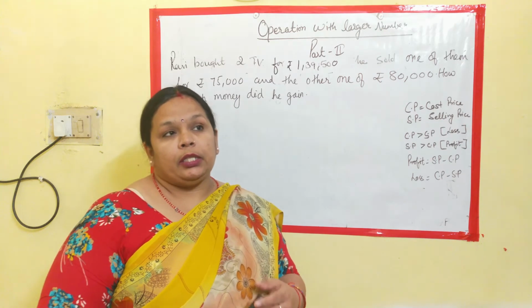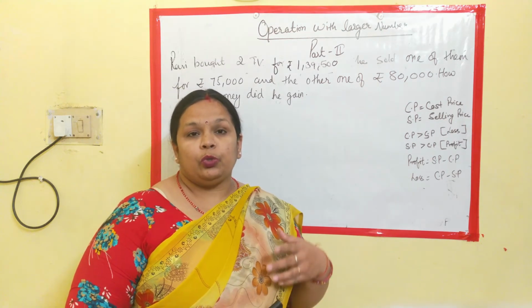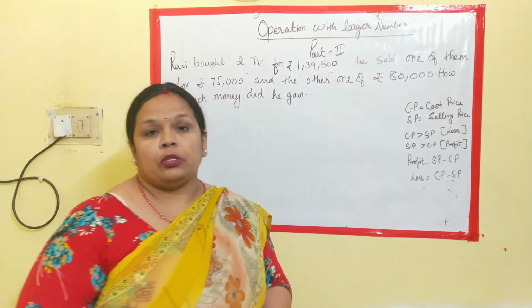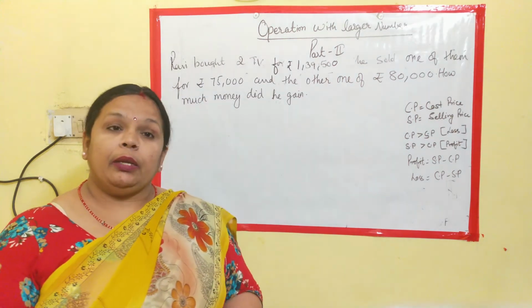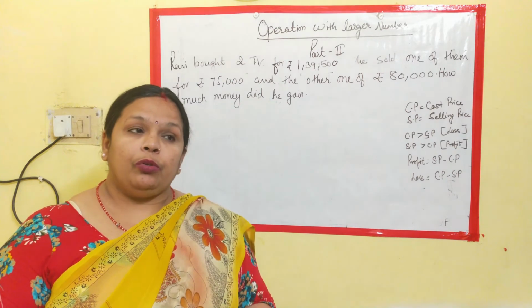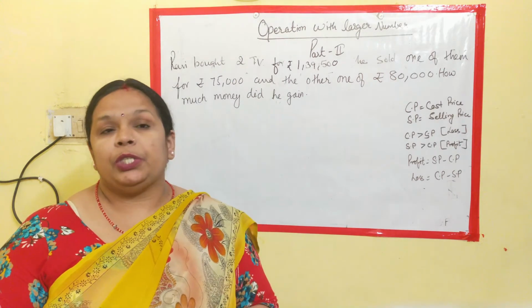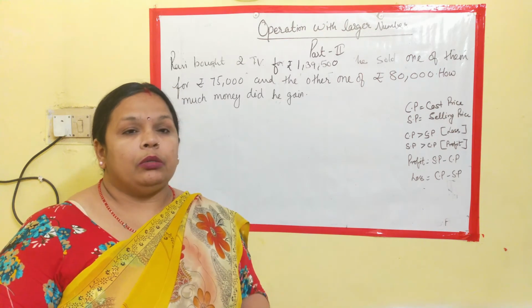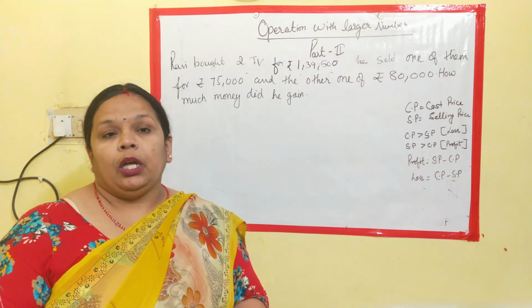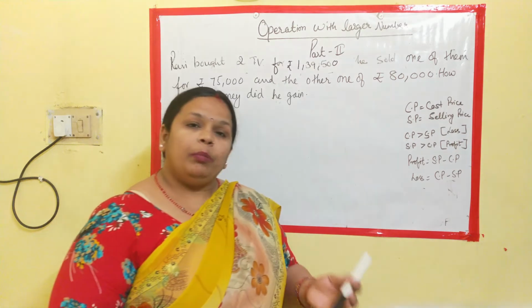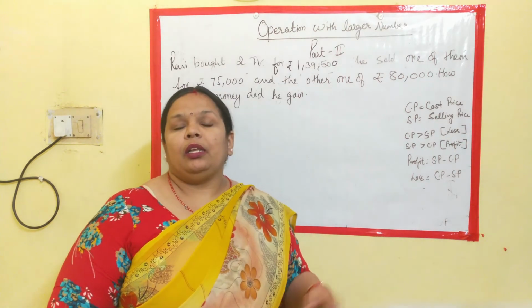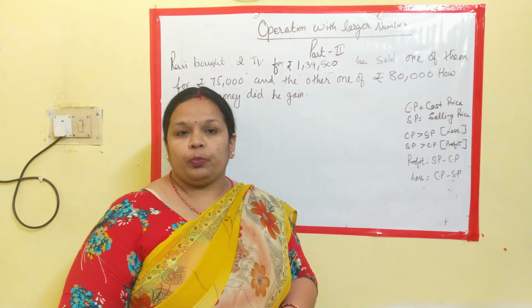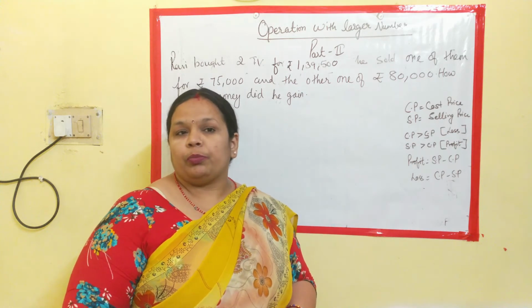That is a transaction, or in the business when you go to a shop to buy something, we use this gain and loss. Many times whenever you have gone with your mother to purchase vegetables, you would have heard the vegetable vendor say, ma'am, please take this. Anyhow, I am selling it at a loss. I purchased it for this much rupees and I am giving it to you for this much.